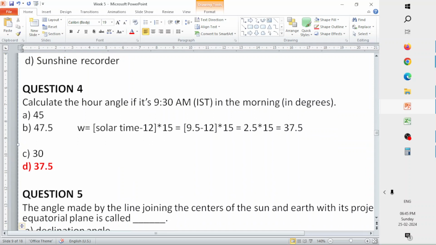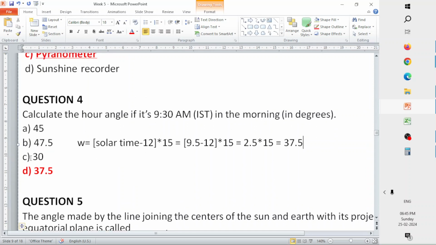So at 9 am, we keep the angle as positive, because according to sign convention, since 9:30 am is before 12 noon, the hour angle should be positive.